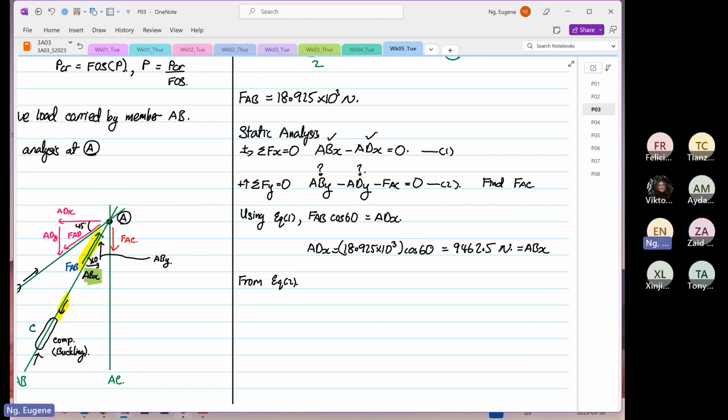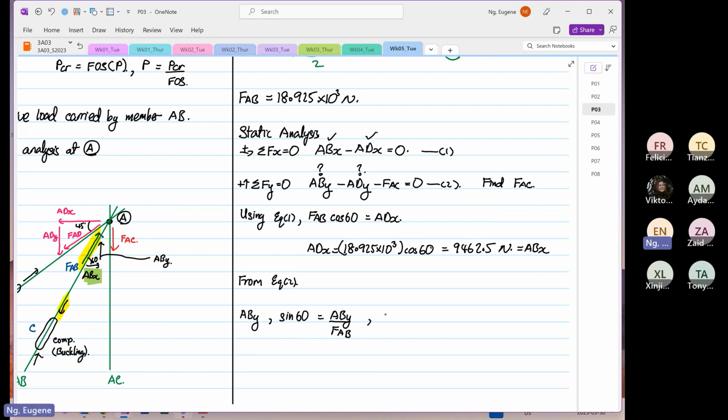So to find ABY, sine 60 is equal to ABY divided by FAB, right? So this is very straightforward trigonometry.